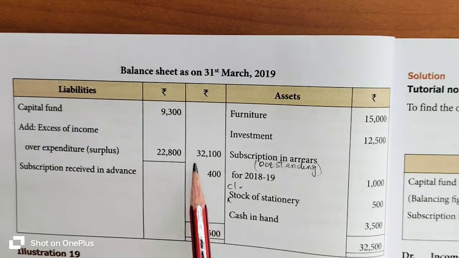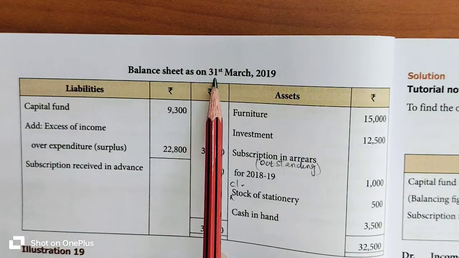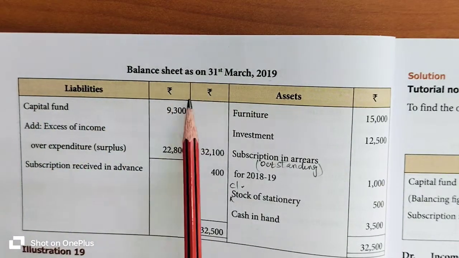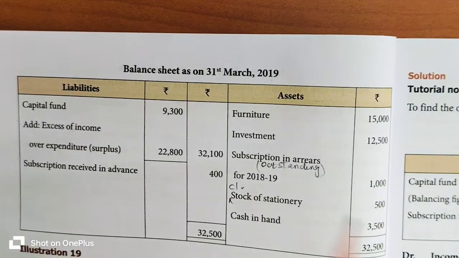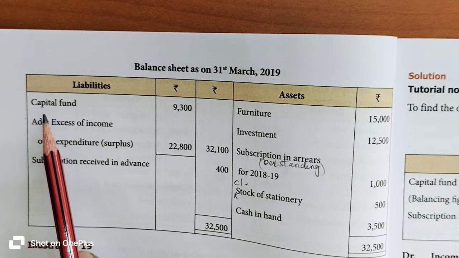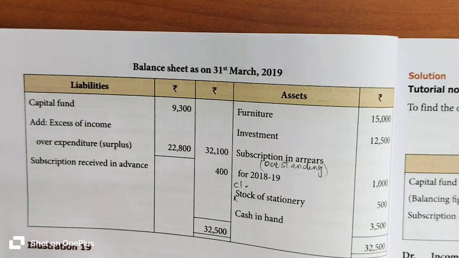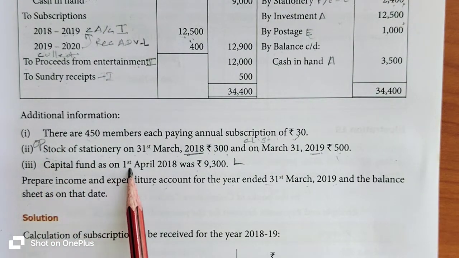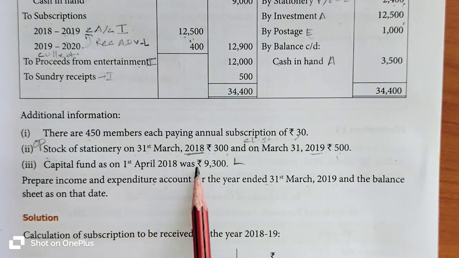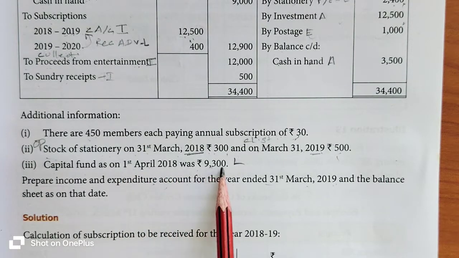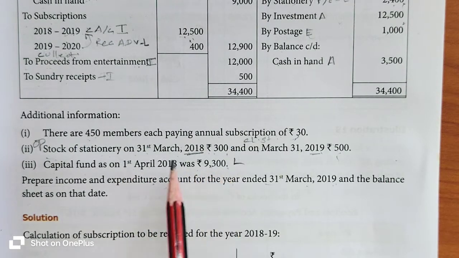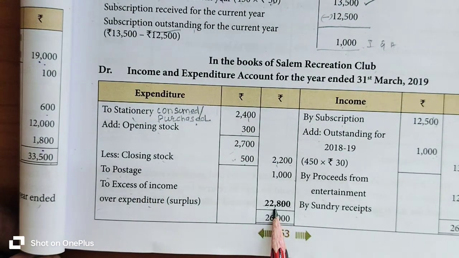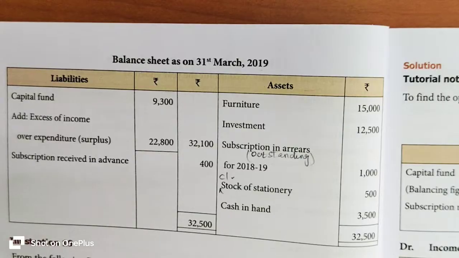Now we are going to prepare the balance sheet as on 31st March 2019. The format is liabilities with the amount column and assets with the rupees column. We always start with the liability side, which is easy for you. Capital fund: in the additional information, they have given the capital fund as on 31st March 2018 as 9,300 rupees. We add the surplus of 22,800 rupees with the capital fund.